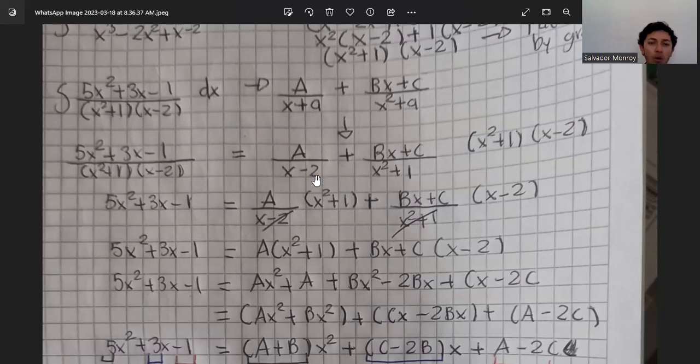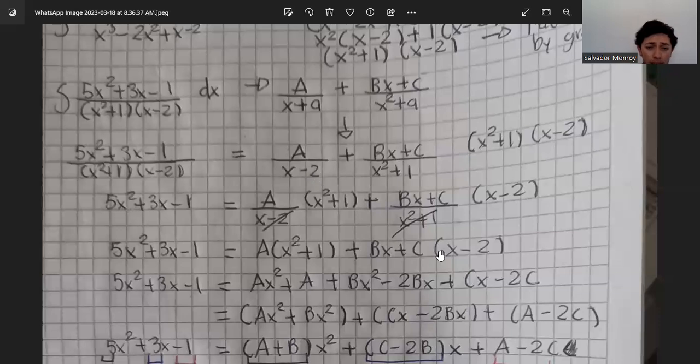What we can do is take the denominator of the left side and multiply it by the right side of the equation. In the first fraction, the x minus 2 denominator is going to be cancelled. The same happens for the second, where the different denominator cancels out.